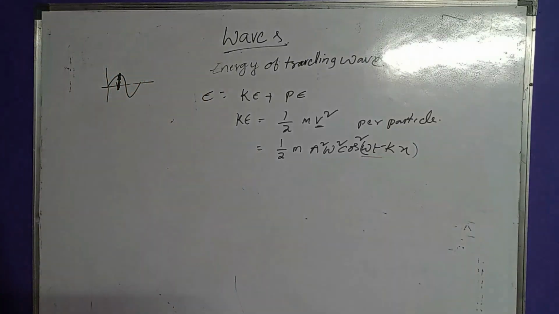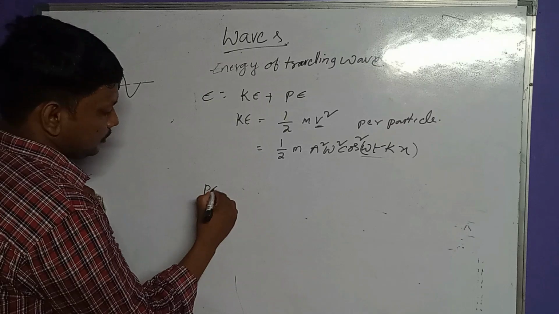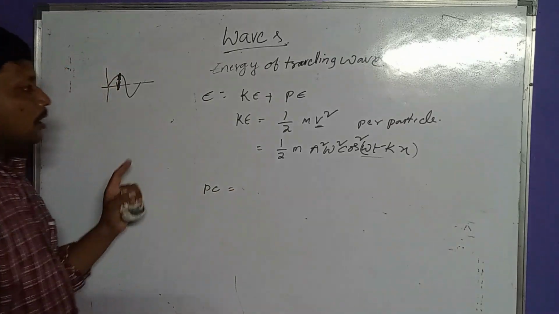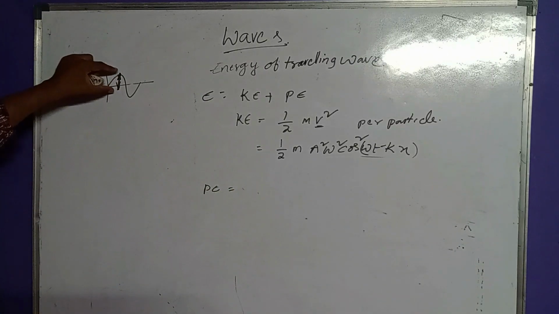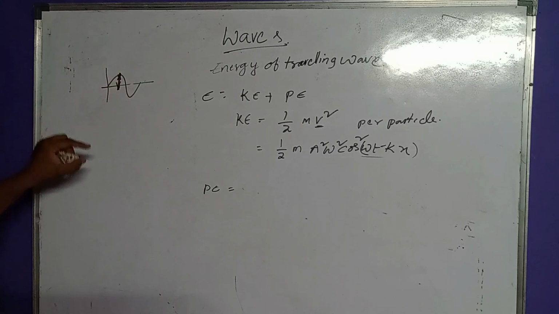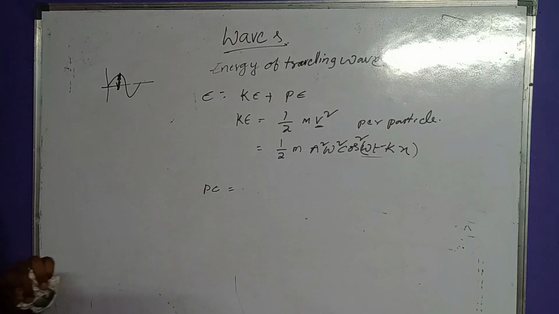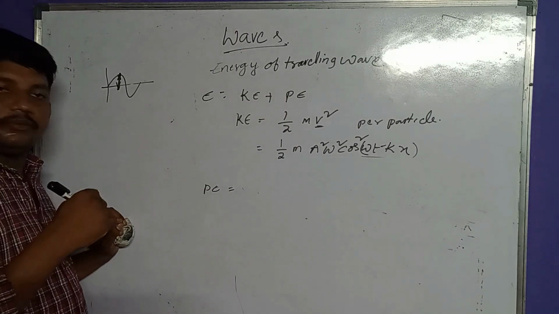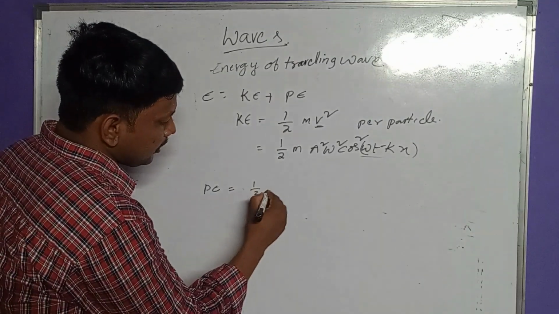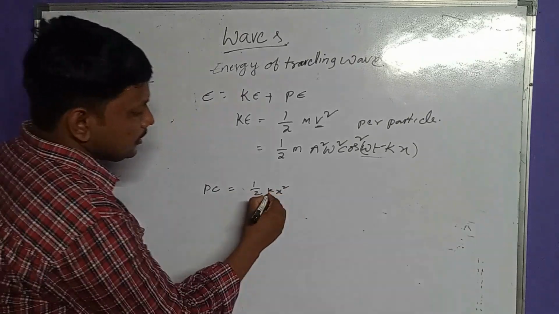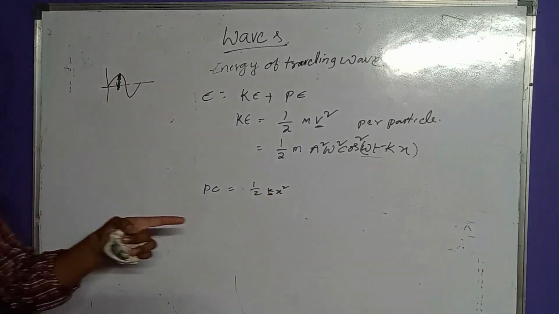This is kinetic energy. Potential energy of the wave: this wave is elastic in nature, so potential energy in the elastic medium is half k x square. This k and the wave number are different.